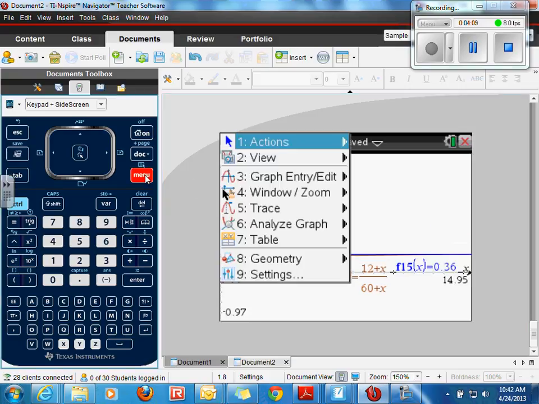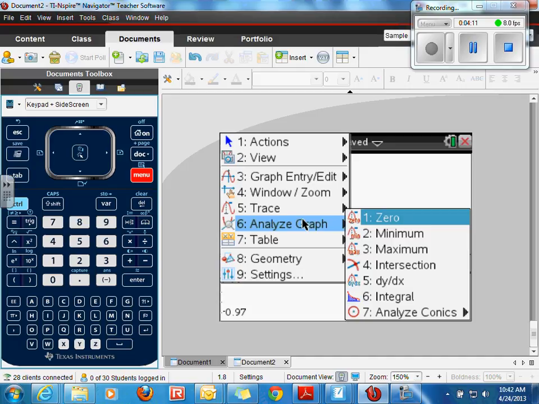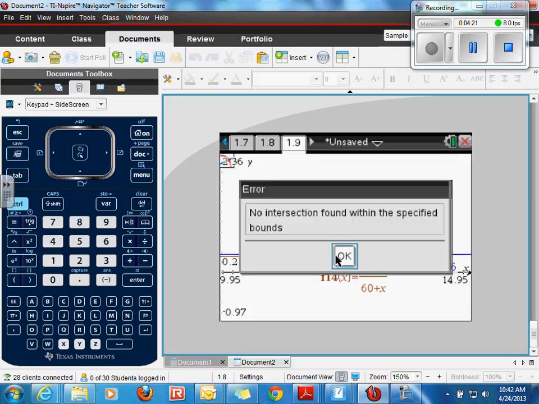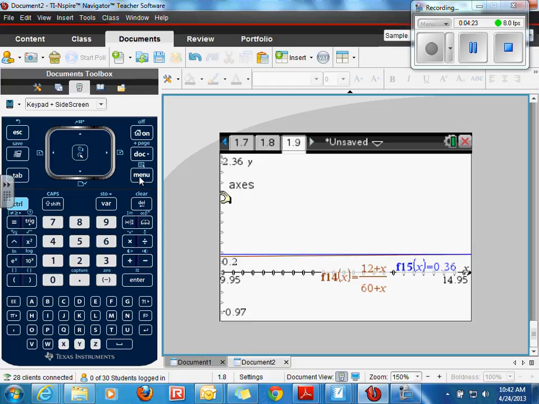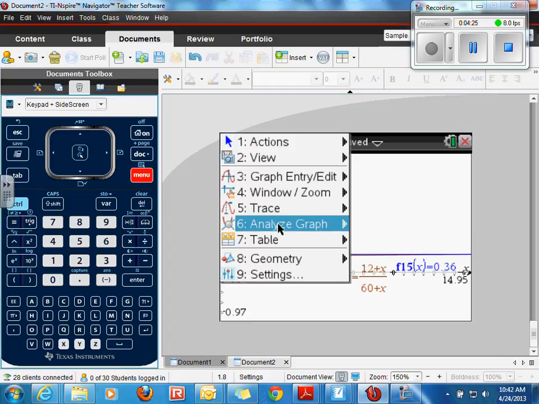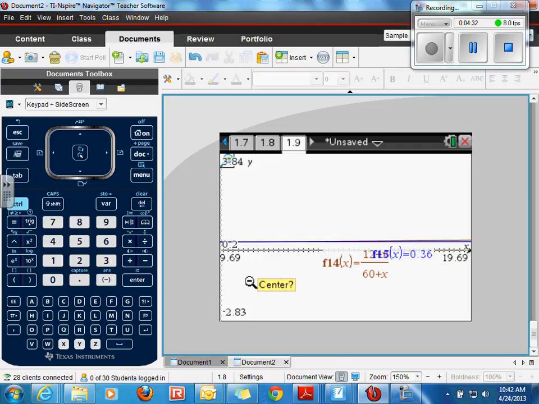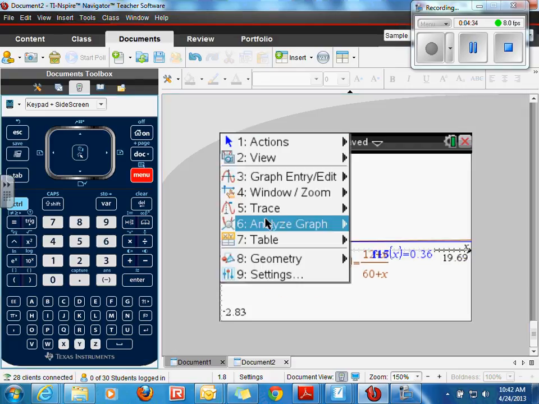And if you want to see if you can see it crossing, you can go to Analyze an Intersection and then start when it's not crossing and click and then highlight. And you can see that it didn't pick up any points, so it's not finding an intersection yet. So what I'm going to have to do is zoom out a little bit here. So I'm going to zoom out over here. Okay, and let's do analyzing the intersection again.